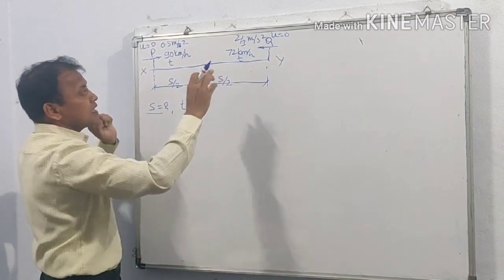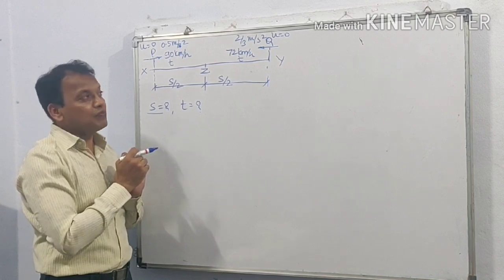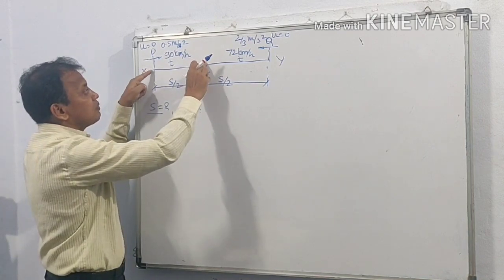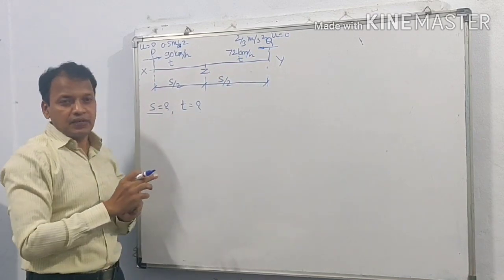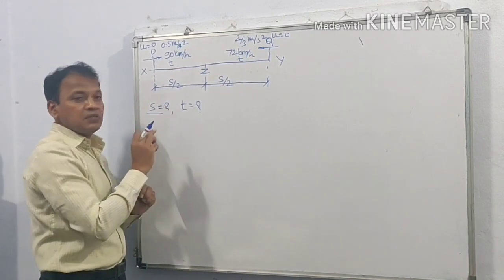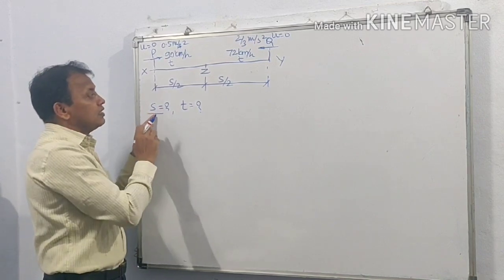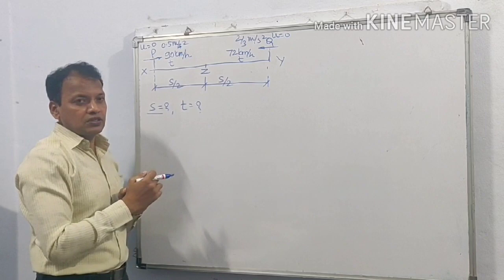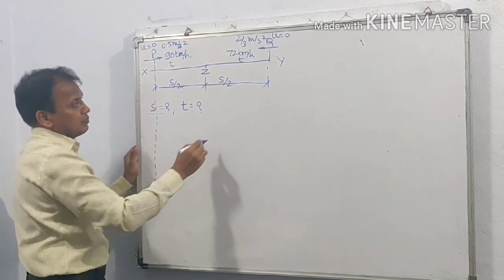As both trains are starting simultaneously, at the time of crossing, time taken by each train is same, let it be t. So we are asked to find this time taken by each train to cross each other and distance between these two stations. So let us use velocity time diagram.